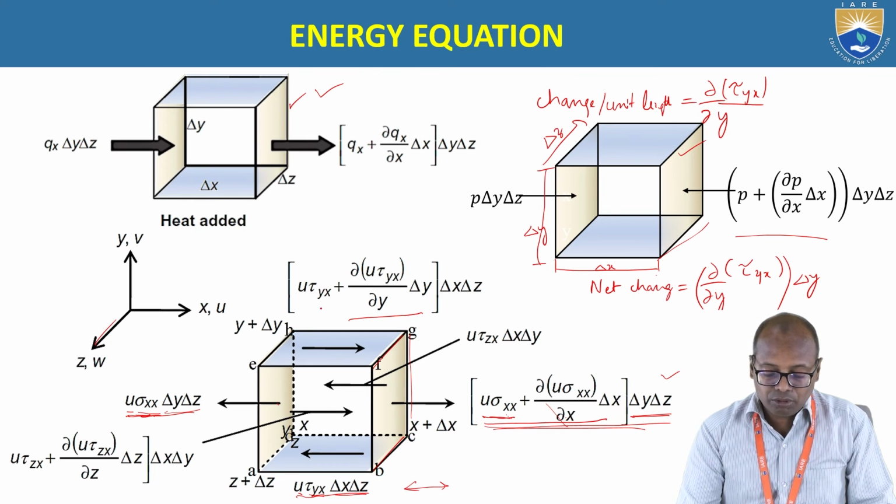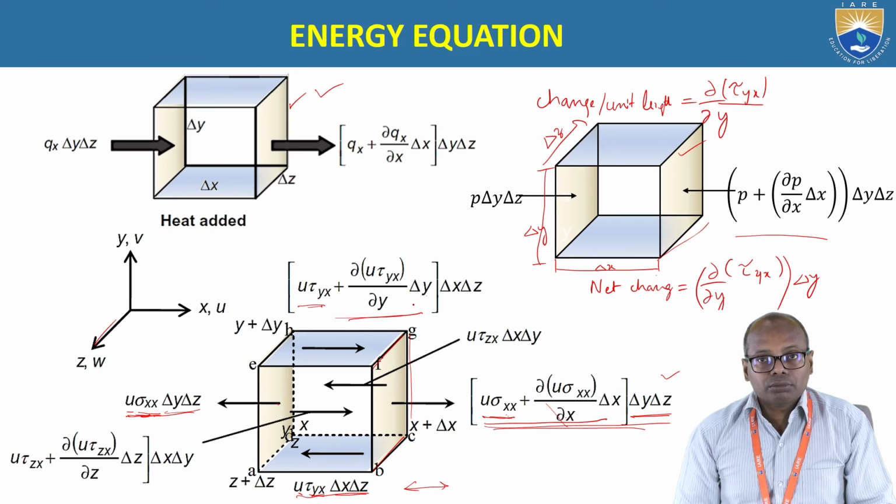Now the same thing is acting here, and here it is u into tau yx plus dou by dou y of u into tau yx into delta y. So this is the net product of shear stress and velocity in the top face, and the area is the same, it is delta x into delta z.